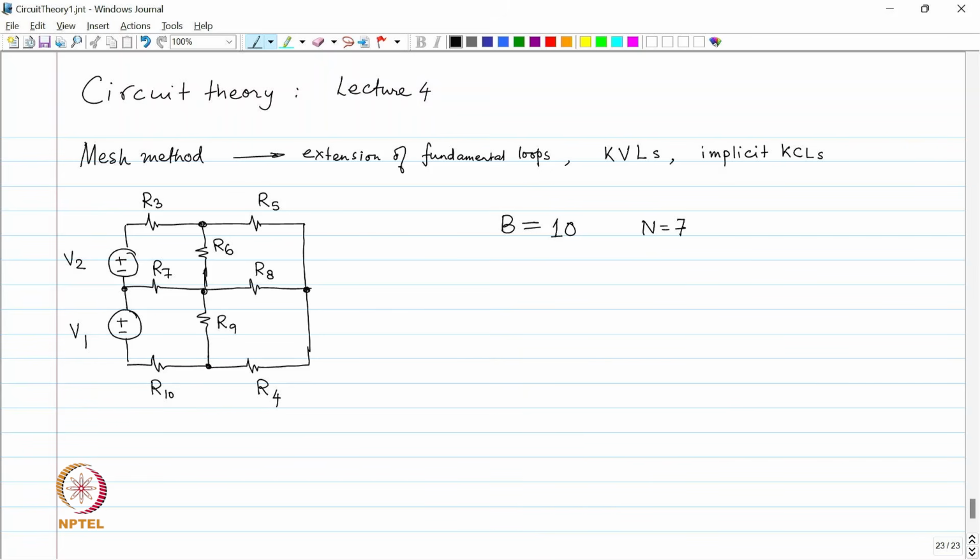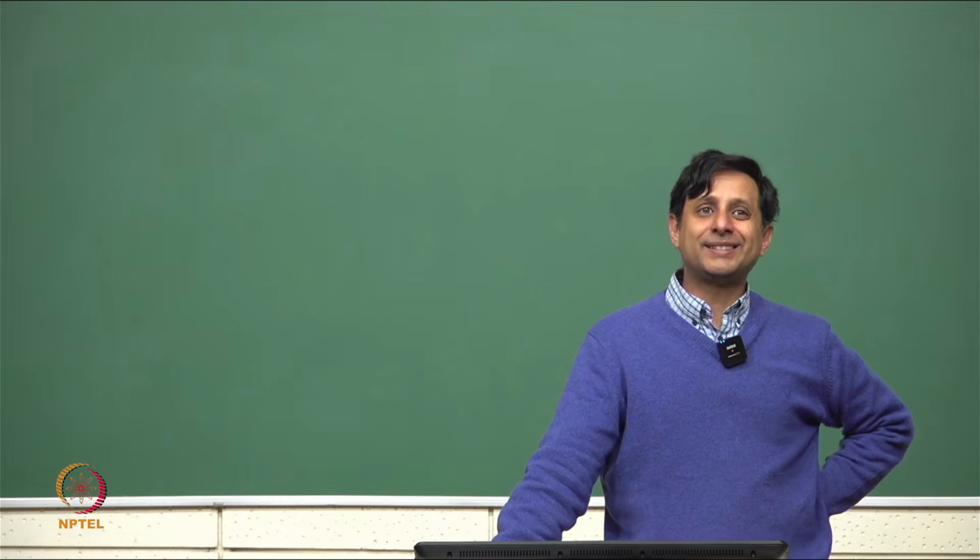How many links? 4. How many fundamental cut sets? 6. How many fundamental loops? 4. Okay. Now, what you are going to see is that the fundamental loops, 4, you can already see them.